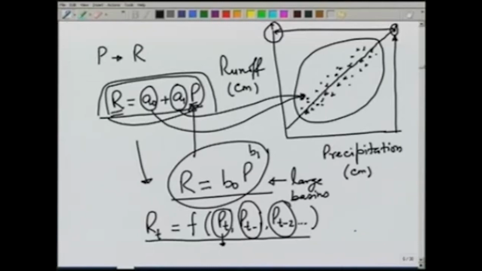Also sometimes we do not have a well defined straight line or power law relationship, and we really do not want to find out the relationship, we just want to find out the runoff for any given precipitation event.